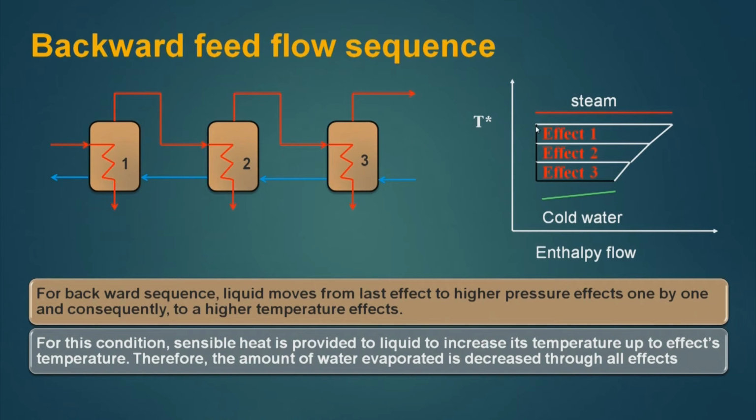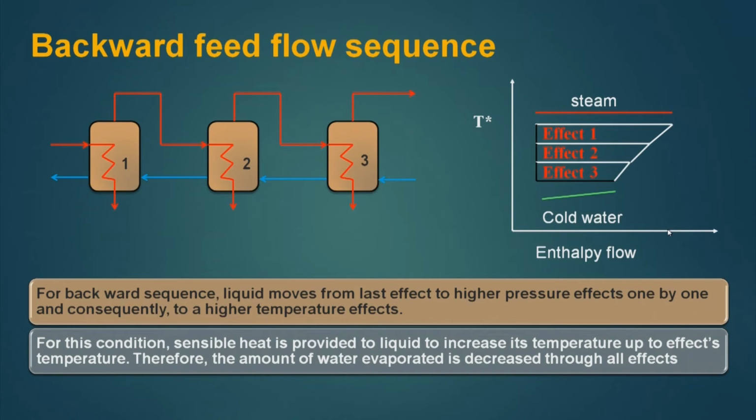So, the upper line will always be longer because it is handling subcooled liquid. In this case also, this part is longer than this part and this part is longer than this part, and the whole triple effect system falls under the two temperature levels, that is the live steam and the cold water.